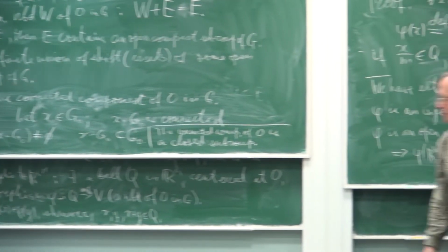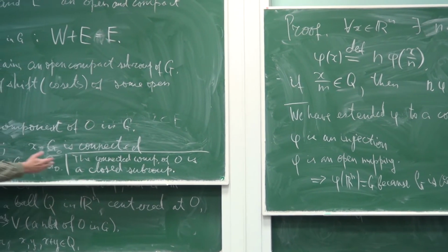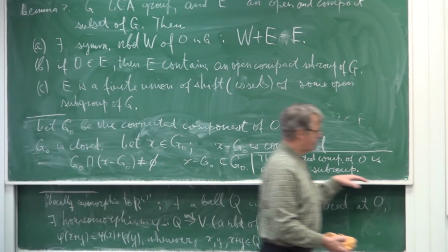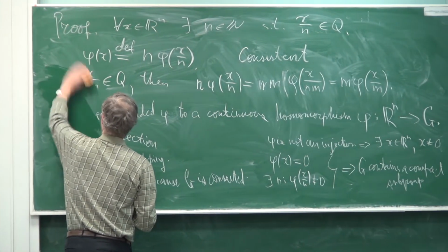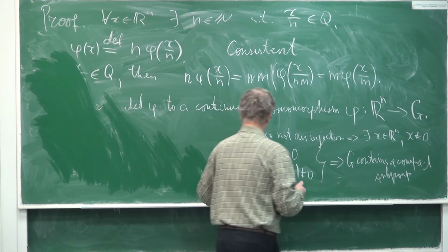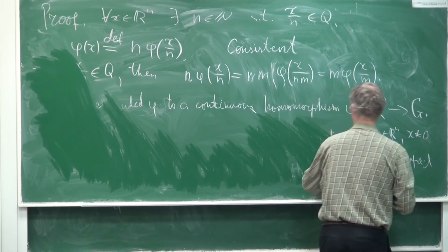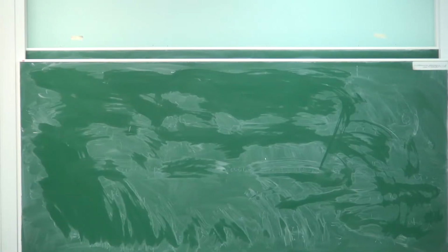In any group. So we shall use this, but at some point we shall use this once again for some other group in the process of the proof. So this observation will be used at least twice during the proof. Okay.